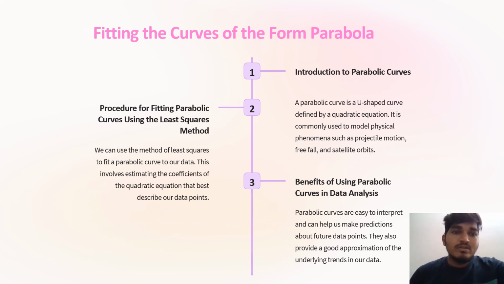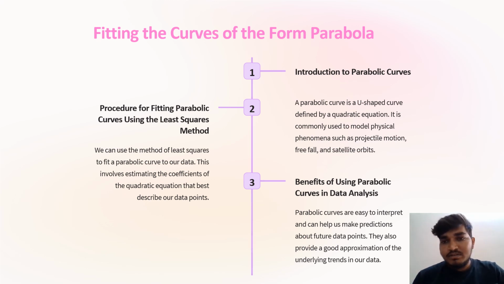And coming to fitting the curve of the form parabola, the procedure for fitting parabola curves using the method of least squares. We can use the method of least squares to fit a parabola curve to our data. This involves estimating the coefficients of the quadratic equation that best describes our data points.